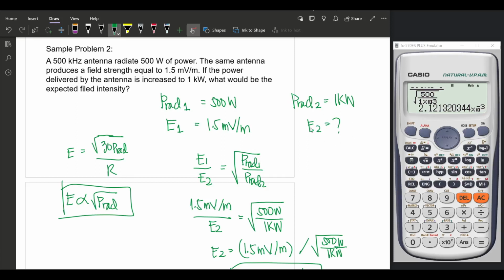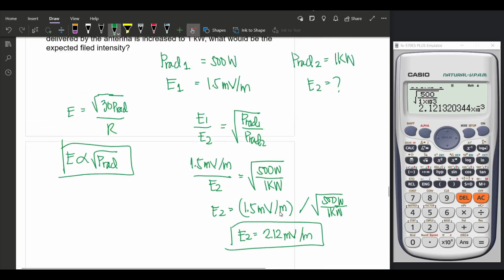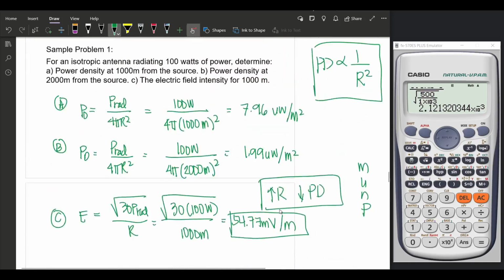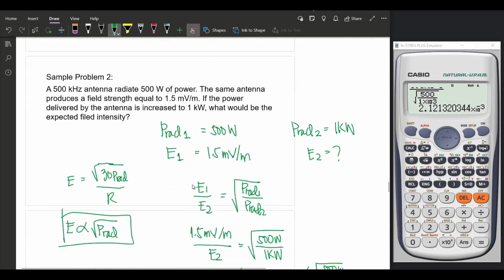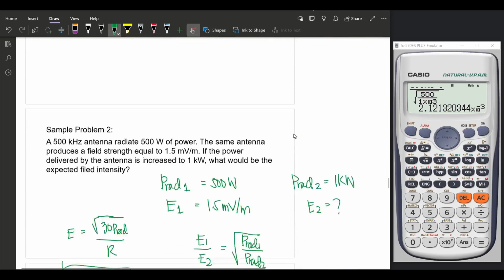Pero dapat expect mo dito na yung sagot mo is mas mataas dun sa 1.5 millivolt per meter. Okay, so ito yung eksaktong sagot niya, 2.12 millivolts per meter. So again, try to resolve these two problems on your own para ma-memorize niyo yung mga formulas na ginamit natin.